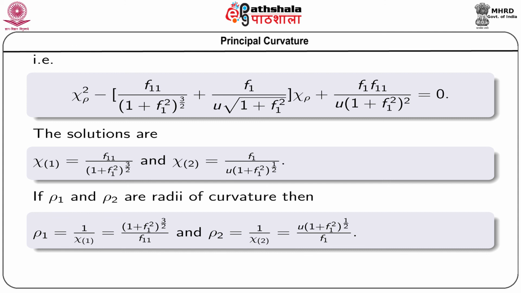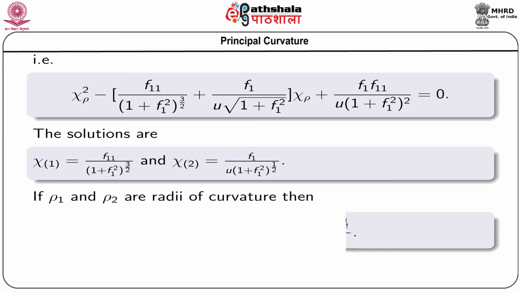And the solutions are kappa 1 equals f11 by 1 plus f1 square to the power 3 by 2, the principal curvature for the first principal direction, and kappa 2, the principal curvature for the second principal direction, equals f1 by u times 1 plus f1 square to the power half.